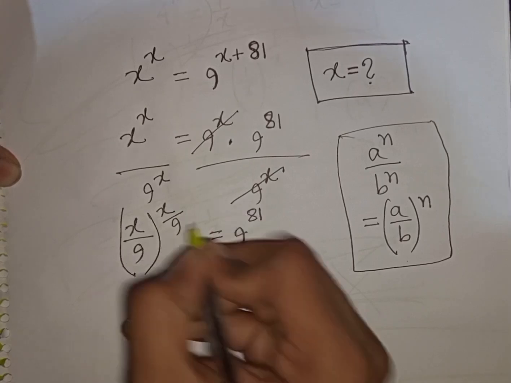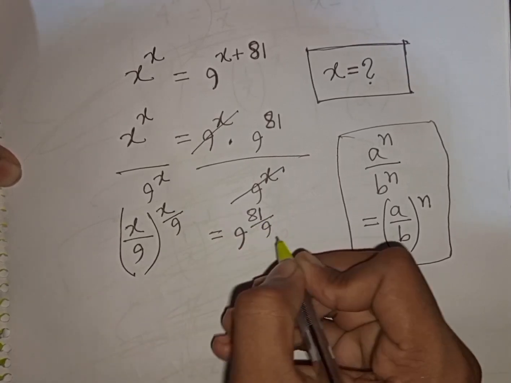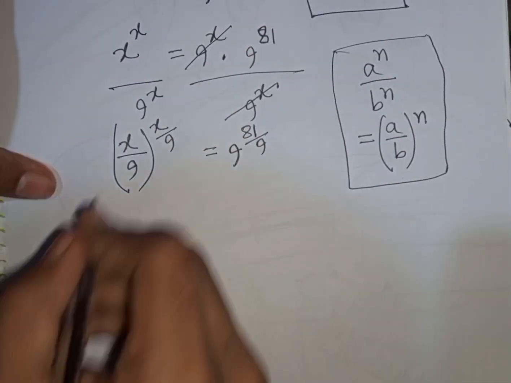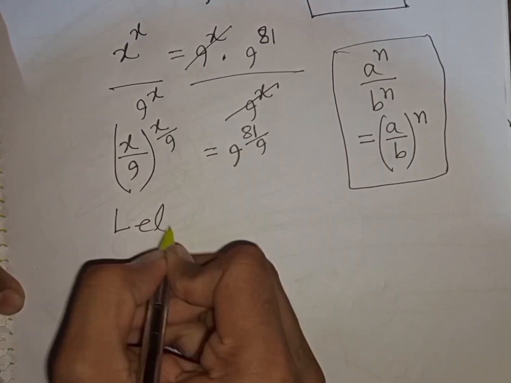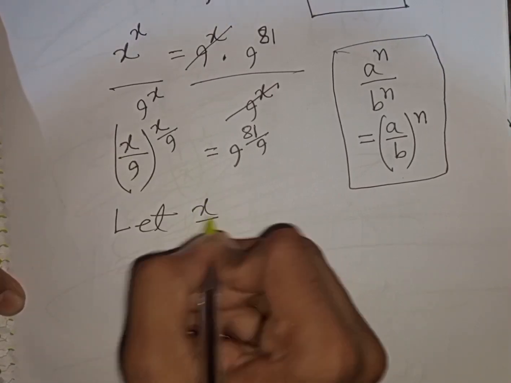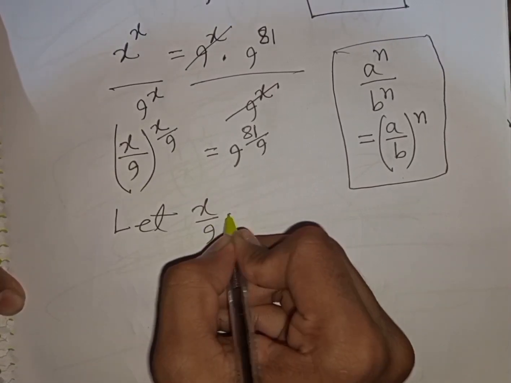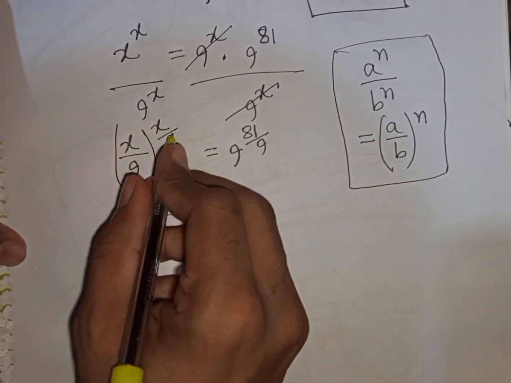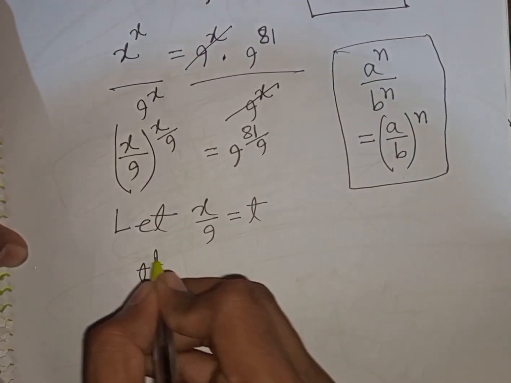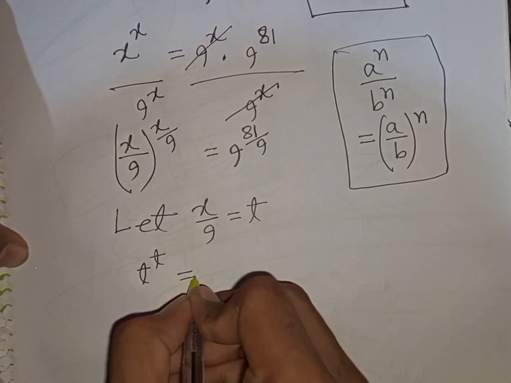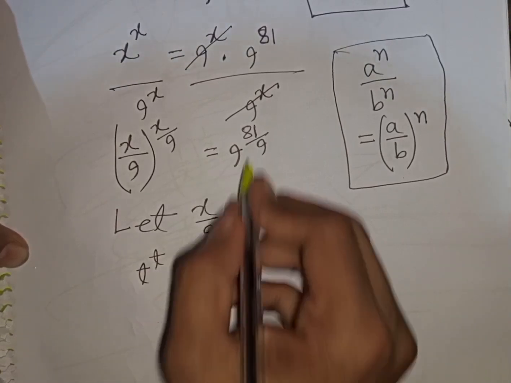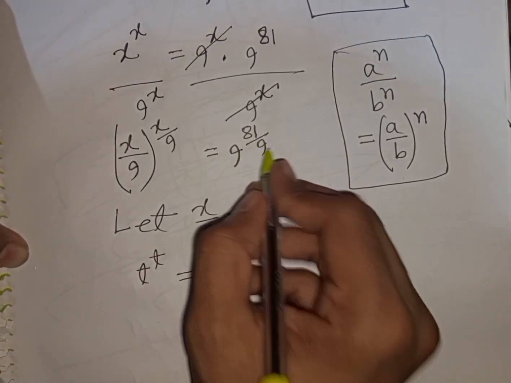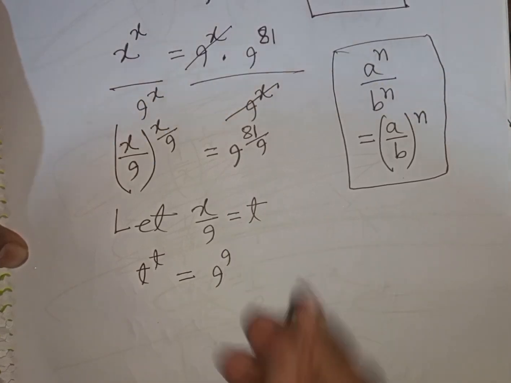So divided by power of 9, divided by power of 9. Now let x over 9 be substituted by t. So our equation will be t power t is equal to 9 power of 81 divided by 9, that means it will be 9.